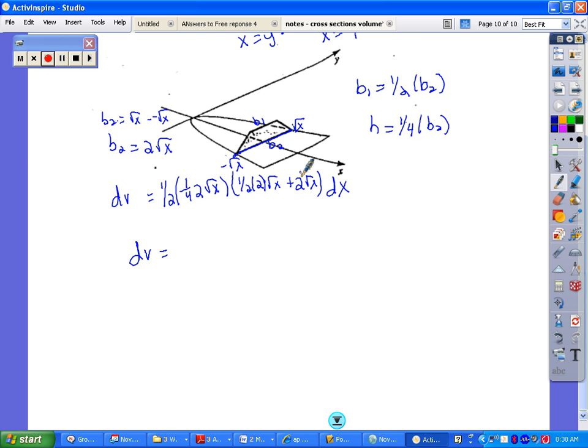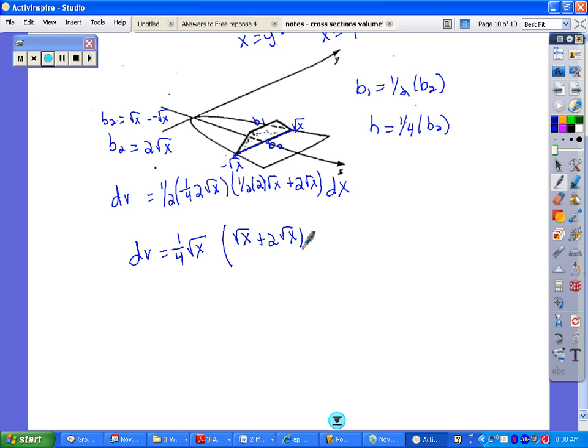So we have here, if we condense the height, we have 1/4 times 2, so that's 1/2, and then we have 1/2 times 1/2, so we have 1/4 the square root of x. And then in parentheses, we have 1/2 times 2, which is just the square root of x, plus 2 square root of x.